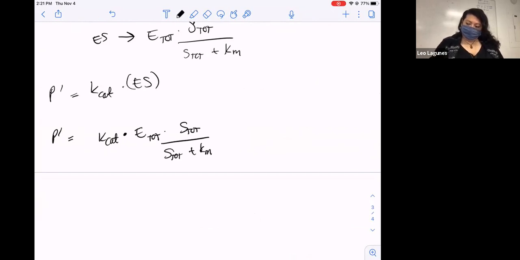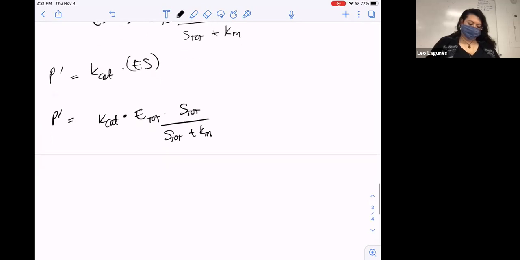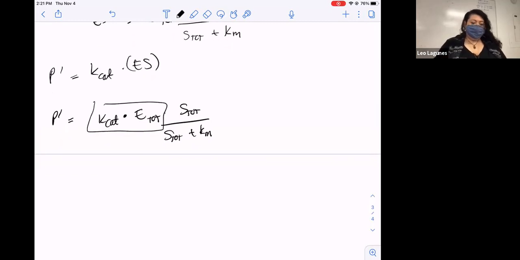Okay, and one of the things that I've noticed, that the Michaelis-Menten reaction assumes, is that these two are written together as a single parameter, the V max that's in the famous equation. So they just get sucked up into the V max.